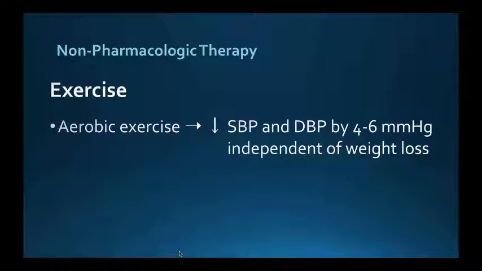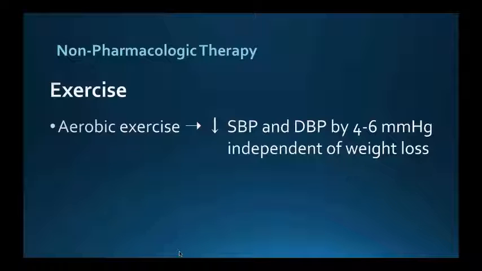Exercise. Aerobic exercise and possibly resistance training can reduce systolic and diastolic blood pressures by 4 to 6 millimeters of mercury independently of weight loss. Most studies that showed this reduction used 40 minutes of moderate aerobic exercise 3 to 4 times a week for 12 weeks.